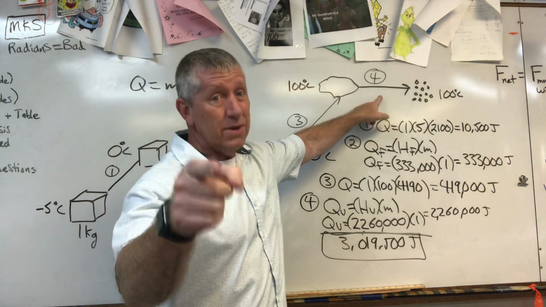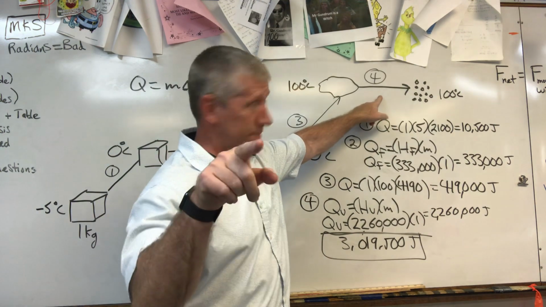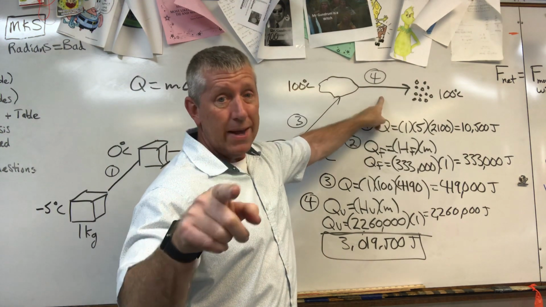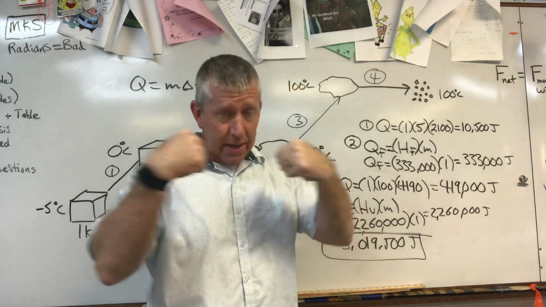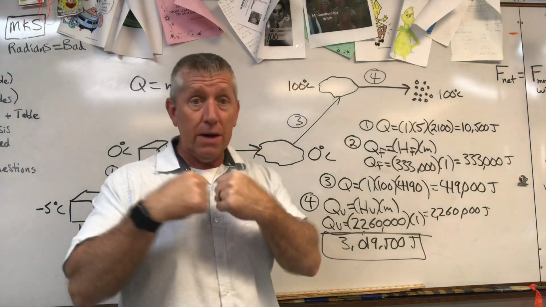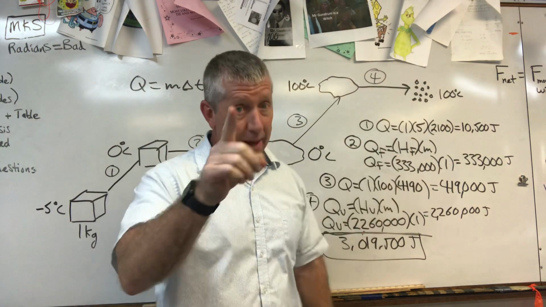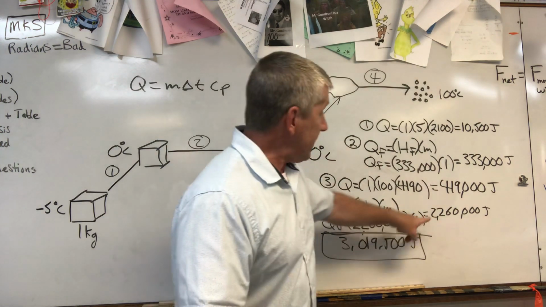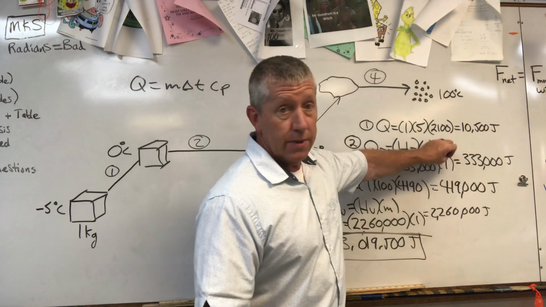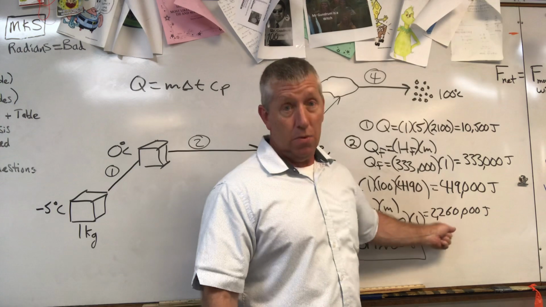Do you remember why? Go back to the last video. Because we're breaking that hydrogen bond, and it doesn't want to do that. They like each other. So if you want to break that hydrogen bond, it takes a lot of energy to do that, and hence the huge number here. Matter of fact, that's more than the other 3 steps combined, significantly more than the other 3 steps combined.